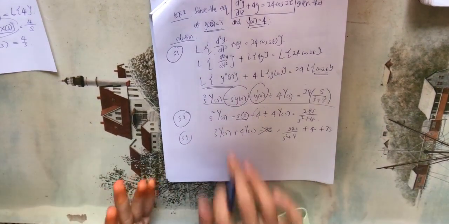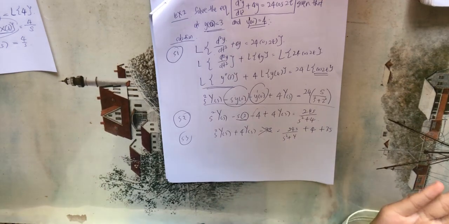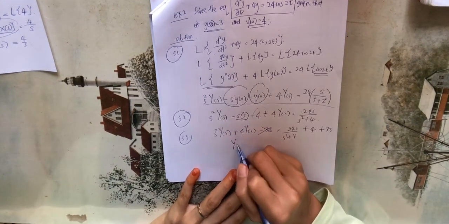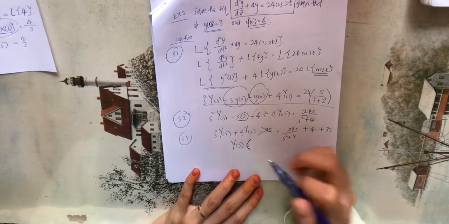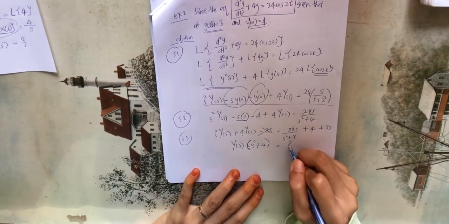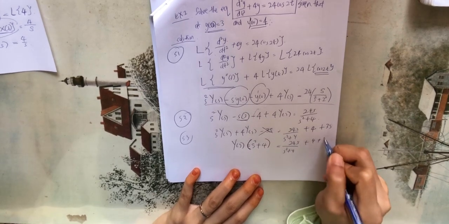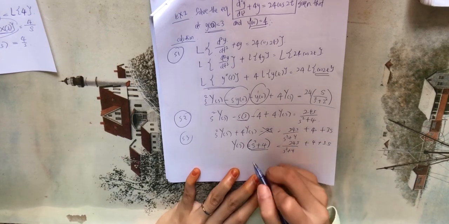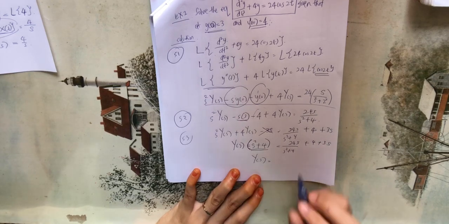Just remain Y(s) here because we want to make Y(s) the subject. The rest you bring to the right hand side. So rearrange here: factorize Y(s) first. Inside here you have s squared plus 4, and then at the right hand side you have 24s over s squared plus 4, plus 4, plus 3s. So these terms you bring to the right hand side, and at the left hand side we just remain with Y(s) as the subject.